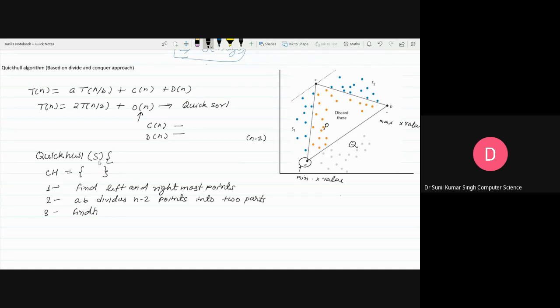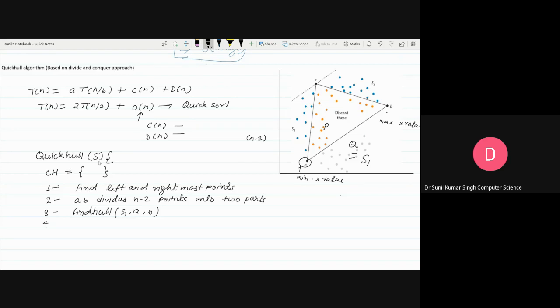Quick hull is an algorithm in which we are passing the set of points S. Now find hull is another function in which we are going to pass the set of points which are on the right side of the line, let's say S1, and the points A and B. So in that case, of course, S1 is going to be this one.